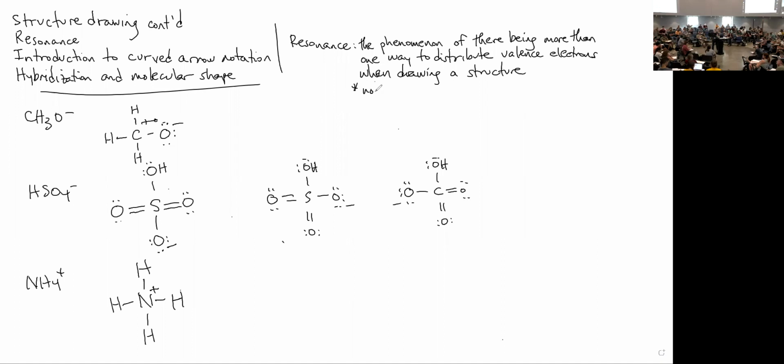Please note that you're not allowed to turn the molecule or move any atoms. That's not fair, just turning the molecule. Oh, I found another way to draw it. No, that's not resonance. But resonance occurs when, even if you leave all of the atoms in the same relative positions, there's still at least one more way to distribute all the electrons.